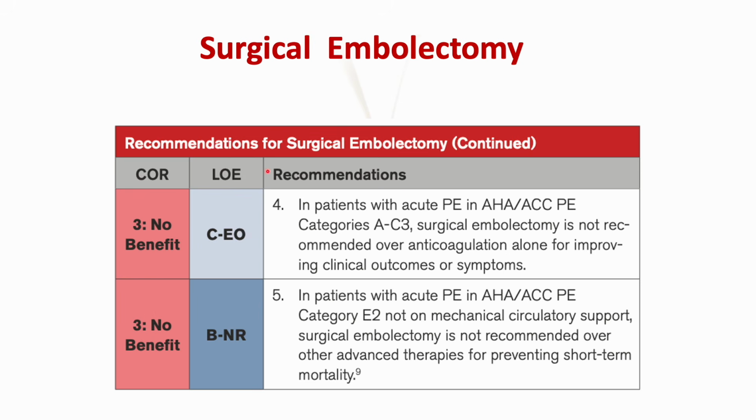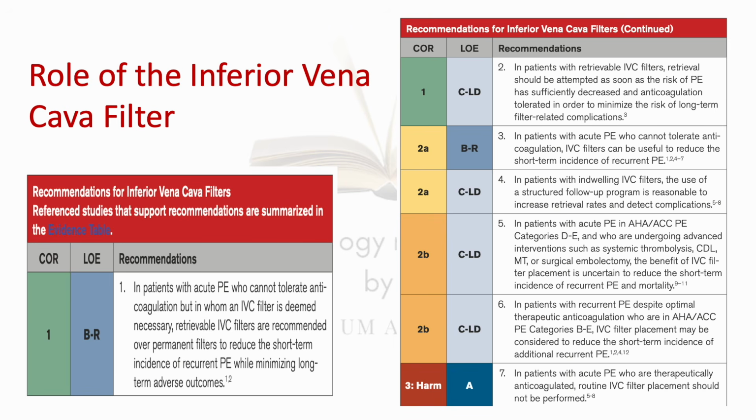No benefit A to C3, and even in E2, in patients with acute PE category E2, not on mechanical circulatory support, surgical embolectomy is not recommended over other therapies. So, really difficult to choose a patient for this procedure.